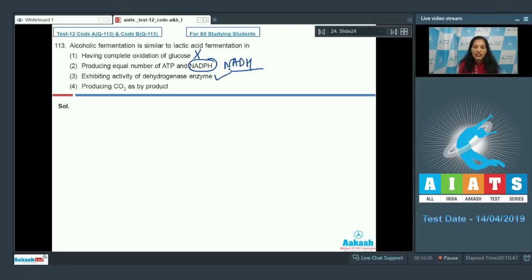Dehydrogenase enzyme activity takes place, hence there is formation of NADH. So this is correct. Fourth one, producing CO2 as a byproduct: no, during alcoholic fermentation there is a production of CO2, but during lactic acid fermentation there is no production of CO2. So the correct option for the given question is option number 3. Let's see the next question now.